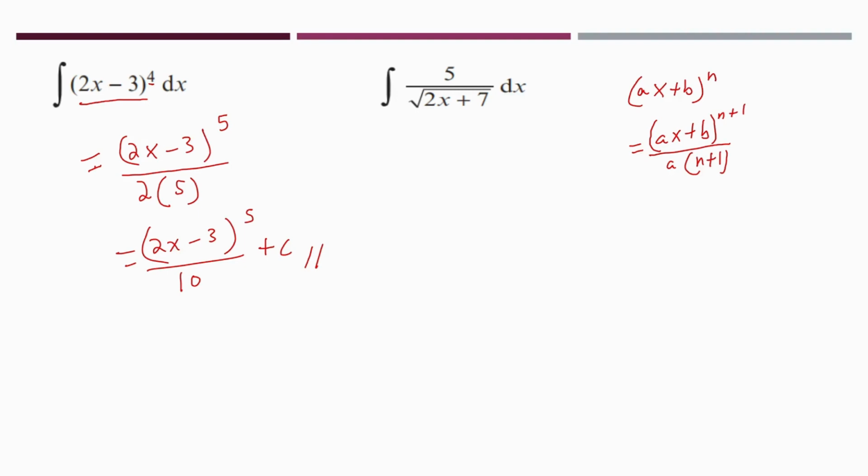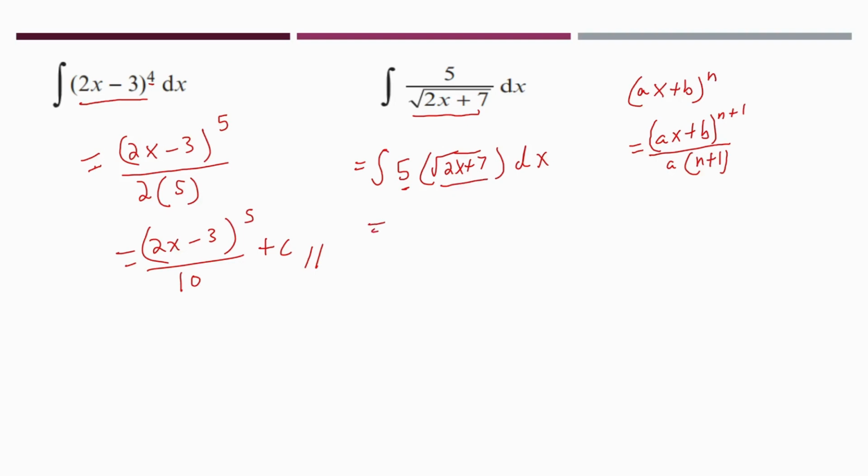Alright, so first of all, you can just take this up. So it's going to become integration of 5 into square root 2x plus 7 dx. You can take the 5 outside as it is just a constant, and you can also convert this into the other form for solving it.